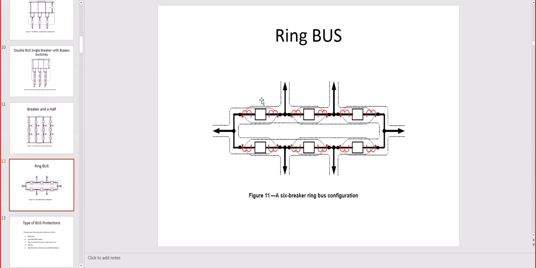It's a very robust system, and this is the standard switchyard configuration for all the major utilities. You cannot use directional protections here because you don't know how the current will flow, from left or right, or if it's open or closed. So directional protection, like directional power 32 or 67, cannot be used here.